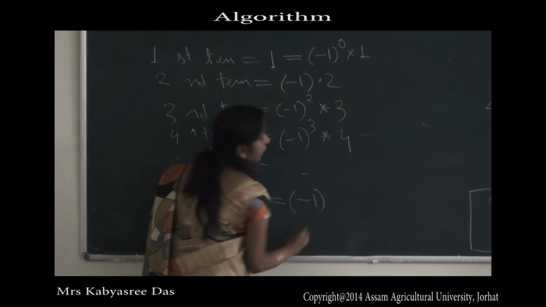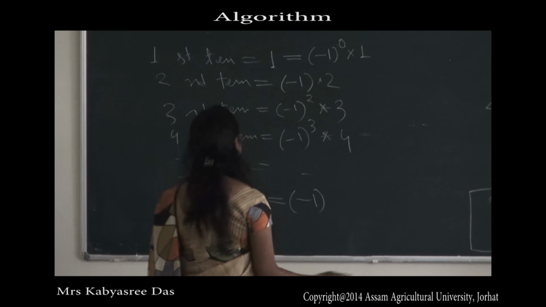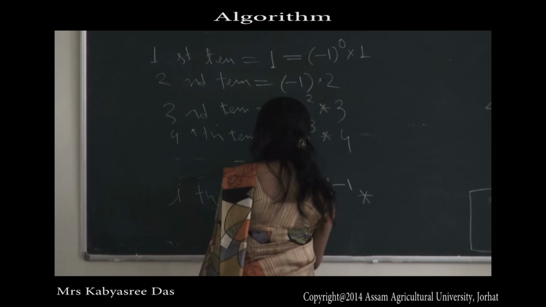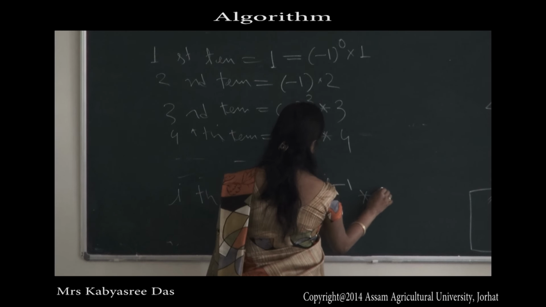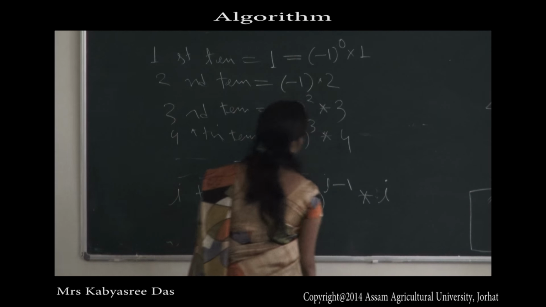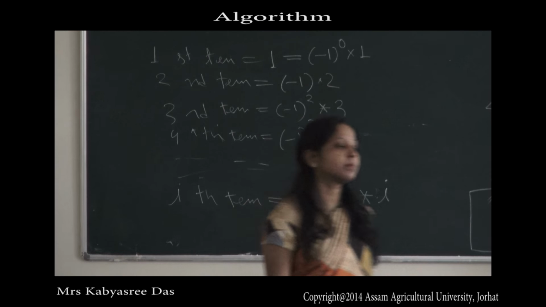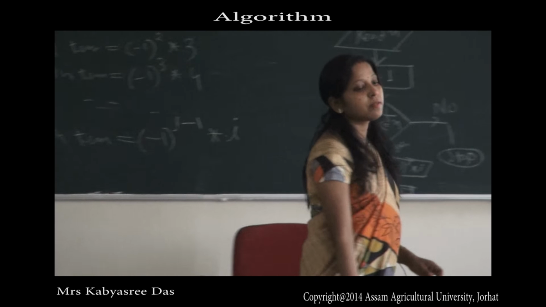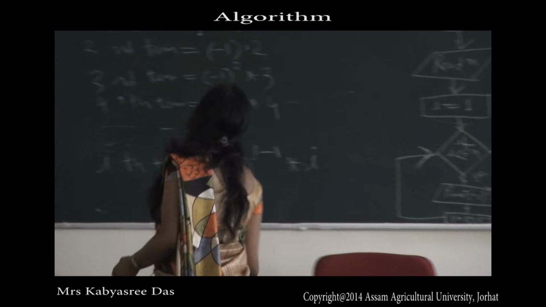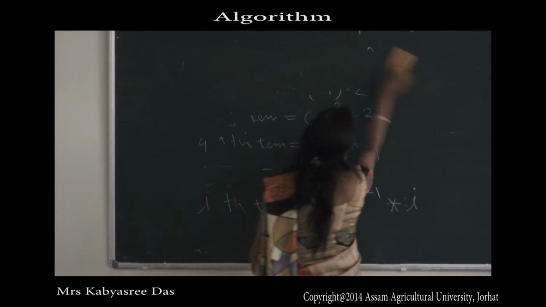Minus 1 to the power I minus 1 into I. Now you try yourself for writing the algorithm and drawing the flowchart. You write the algorithm for that and draw the flowchart for that.